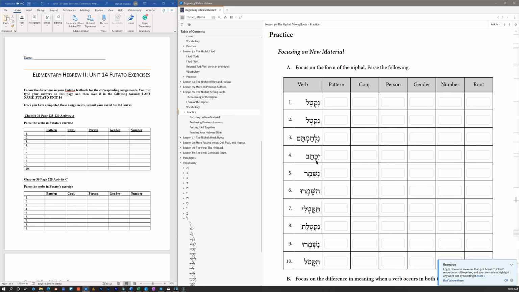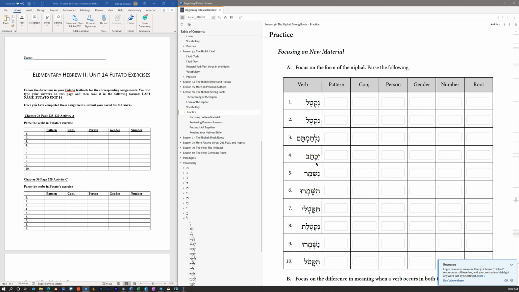Now, when you see a dagesh and a qamets toward the beginning, most likely it's going to be in the second letter. When you see this dagesh and qamets in the second letter, it's often going to be a Niphal imperfect.